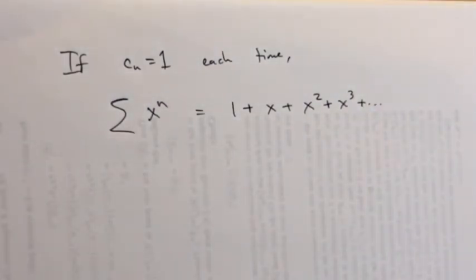This is like an infinite polynomial where all the coefficients are 1. If we consider this to be a function, for which x's does this converge, and for which x's does it not converge?